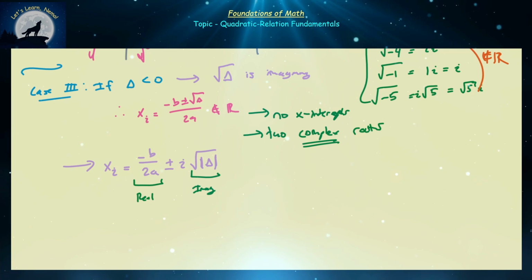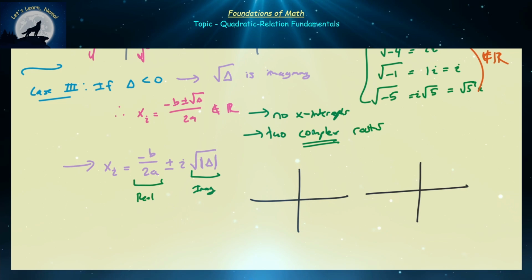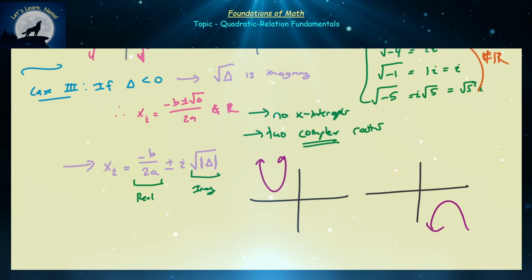So what would the graph of a parabola look like if it has no real x-intercepts, i.e. it has 2 complex roots? So we would have this particular scenario or this particular scenario where it doesn't cross the x-axis. So this is obviously when a is greater than 0, discriminant negative, and this would be a less than 0, discriminant negative.